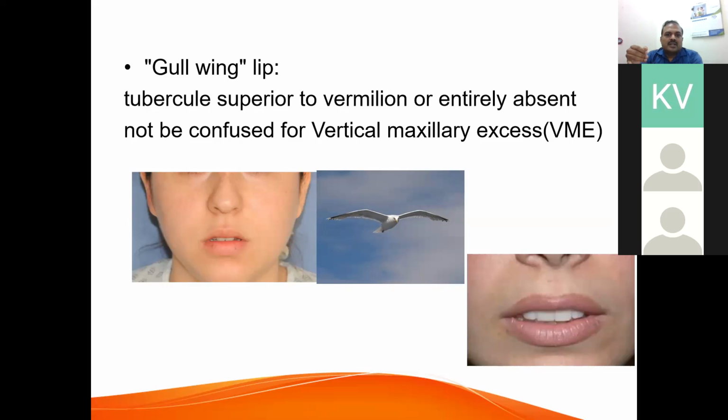Here you will get confused between different groups of patients. For example, some patients will have a vertical maxillary excess, which gives an excessive incisal show. But a patient with a gull-wing lip will also have an excessive incisal show.